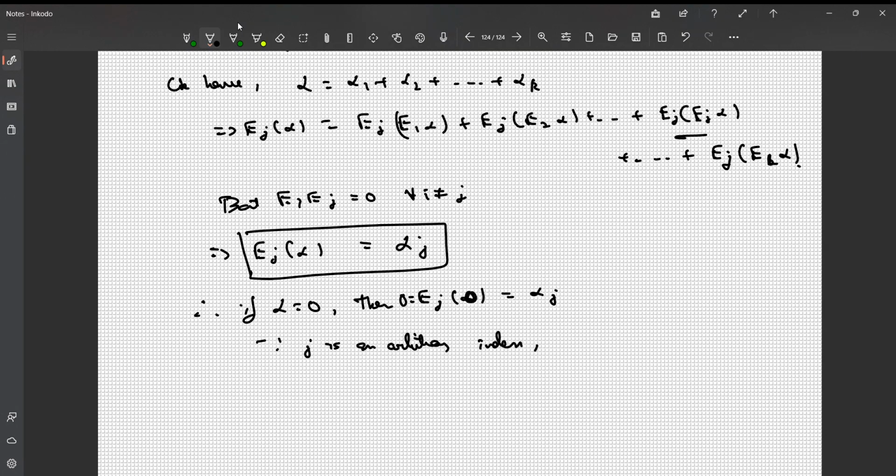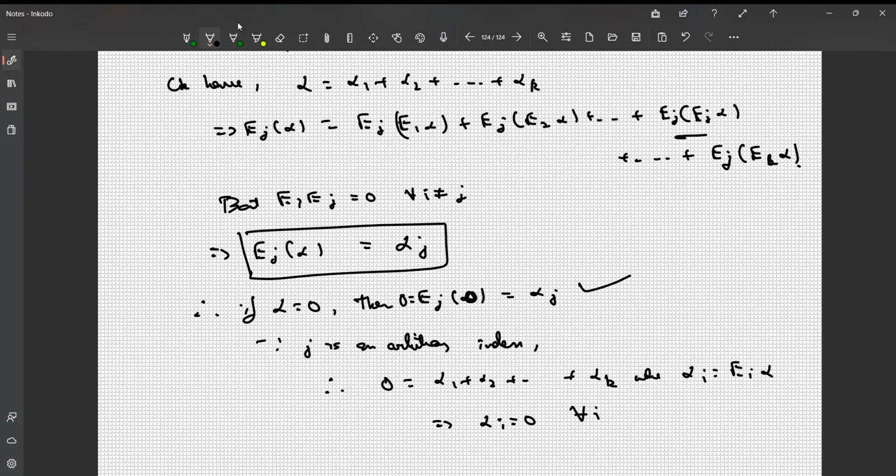therefore what can we say? We can say that if this sum equals 0, that is 0 equals alpha 1 plus alpha 2 and so on till alpha k, where alpha i is Ei of alpha, this implies that each alpha i is equal to 0 for all i. Because we can just consider E1 of 0, then we will get alpha 1 equal to 0 from here. Then we can consider E2 of 0, we will get alpha 2 equal to 0 from here.